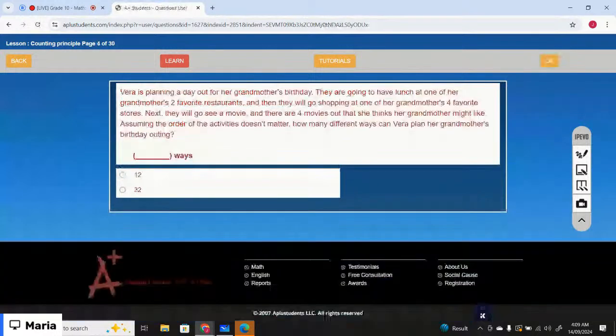Veera is planning a day out for her grandmother's birthday. They are going to have lunch at one of her grandmother's two favorite restaurants. Then they will go shopping at one of her grandmother's four favorite stores. Next, they will go see a movie, and there are four movies out that she thinks the grandmother might like. Assuming the order of the activities doesn't matter, how many different ways can Veera plan her grandmother's birthday outing? So which is the correct option?